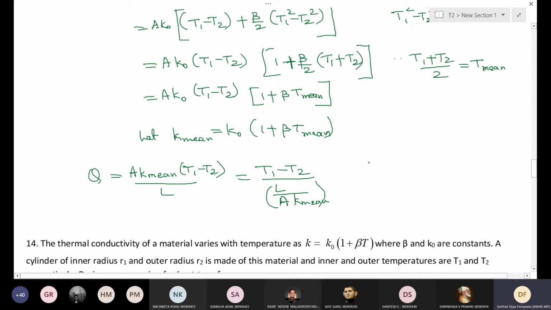So simply remember that the formula remains the same. The only thing is thermal conductivity K should be evaluated at the mean temperature. K mean equal to K0 into 1 plus beta into T mean, and T mean is given by T1 plus T2 by 2.